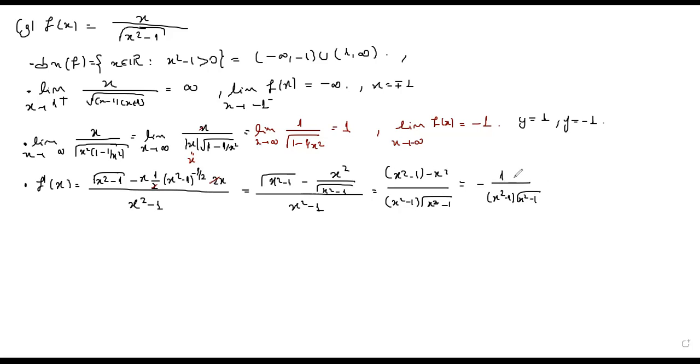Okay, and you see this has no solution, so there's no root of this f prime, but it's always less than 0, right? For any value of x, it's always less than 0, so f is decreasing on its domain. Okay, and what else? We need to find f double prime. It will be 3x over this one, x squared minus 1 squared.